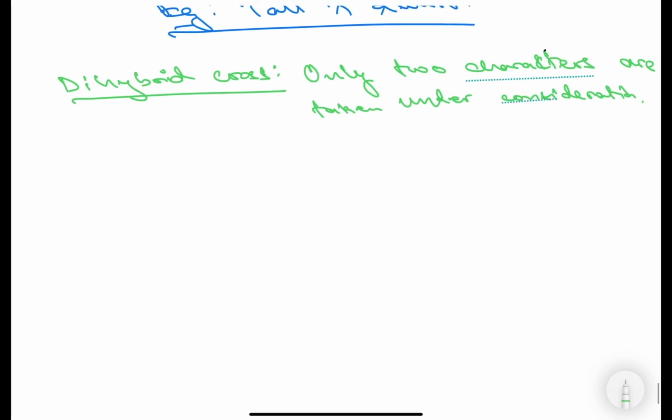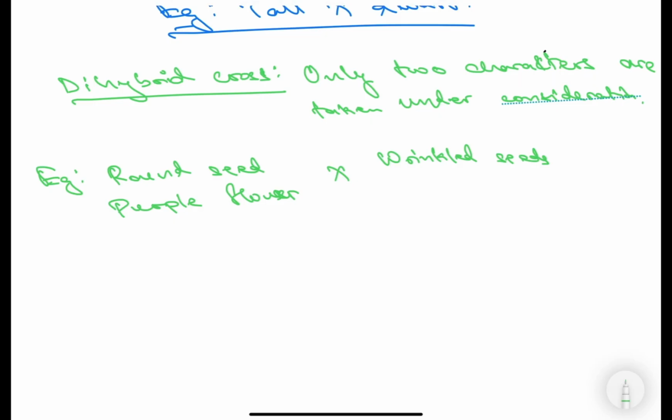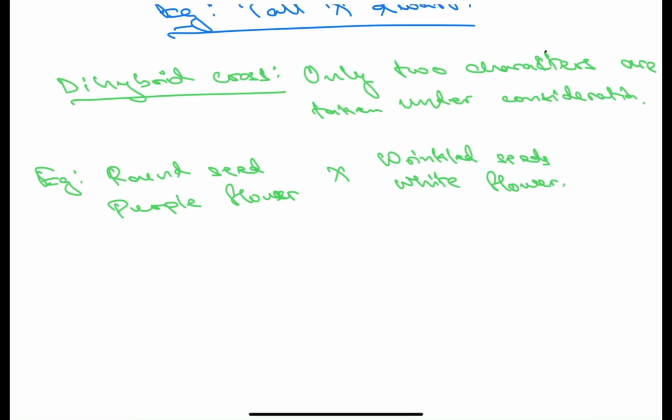Suppose we take two characters like round seed and purple flower: a plant having round seeds and purple flowers is crossed with a plant having wrinkled seeds and white flowers.